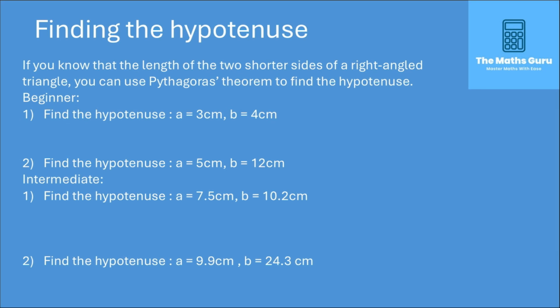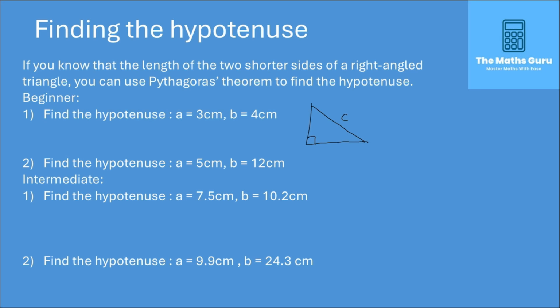Looking at question 1, we are told to find the hypotenuse, a equals 3 centimeters, b equals 4 centimeters. The best way to do these questions is to draw out a right angled triangle, as so.